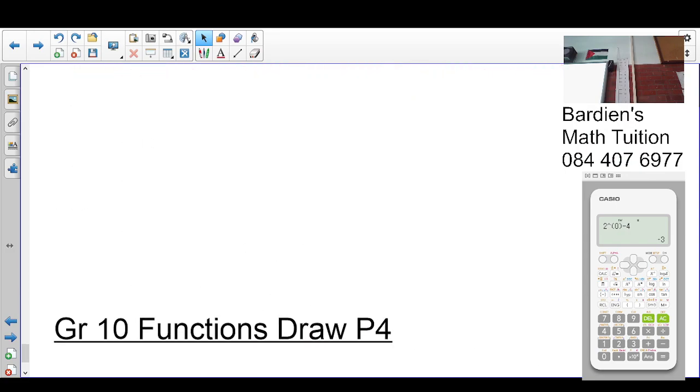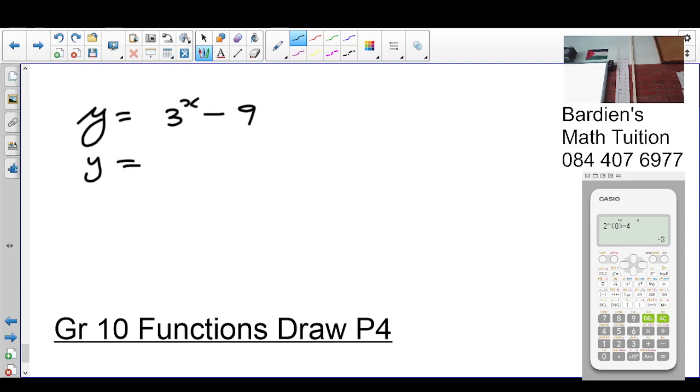So for the next lesson, I want you guys to draw the following with the interpretation of the graphs. We've got y is equal to 3^x minus 9. y is equal to (1/9)^x minus 27. y is equal to 3^x plus 9.